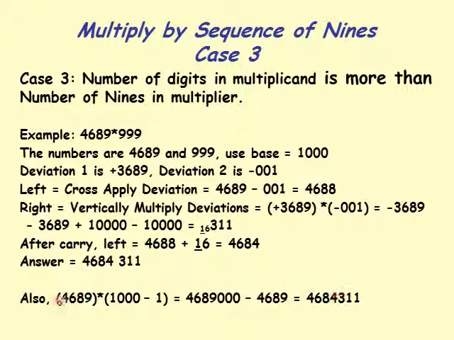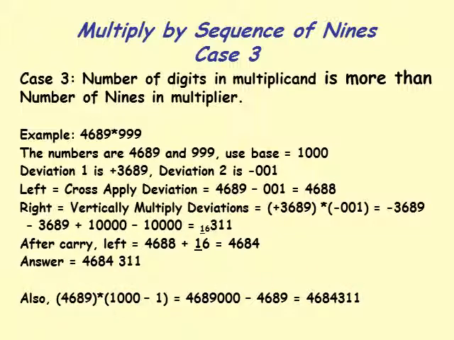You convert the nines into a base number minus 1 and do this multiplication. You can go ahead and use the base multiplication, but this probably is your easiest method.